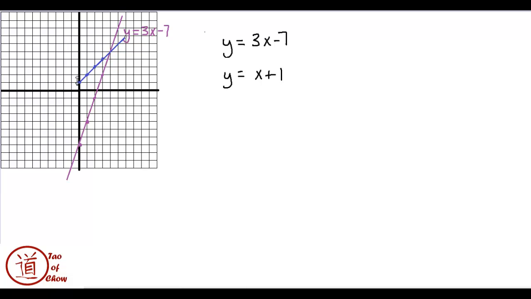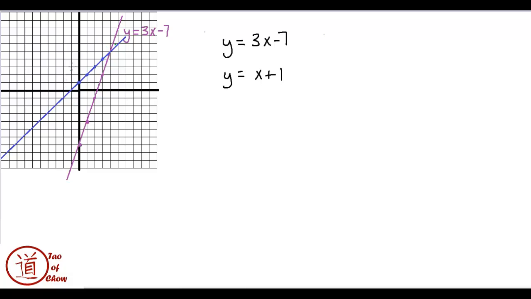I'm not going to draw it over the entire equation, but technically it goes into infinity. What we would see is that these two lines, the purple line and the blue line, meet at a point. I will circle this point in green over here. So they meet right there. That point represents the solution to the system of equations.